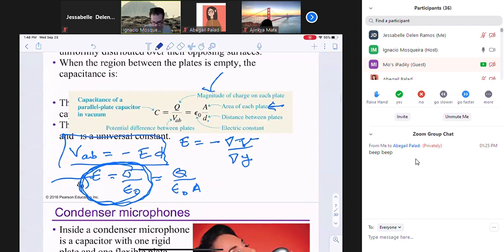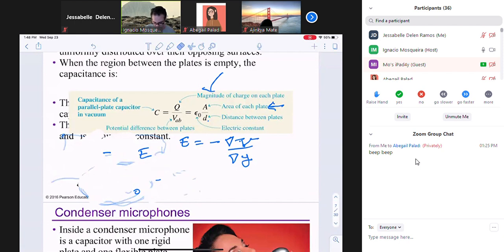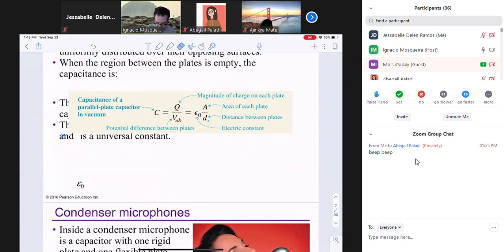Okay, so let me erase this. This is the formula I'm talking about. I didn't know it was right here, but it is. I had done it before, but let's do it all over again. I just said the voltage equals ED. I said E equals sigma over epsilon naught.